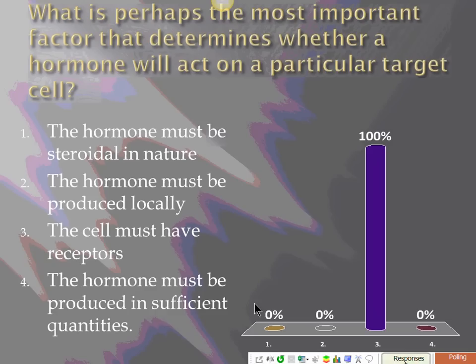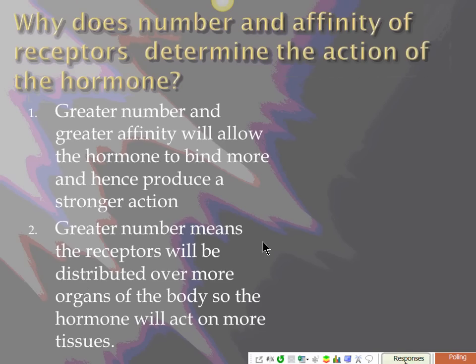The cell must have receptors. The hormone can be produced in insufficient quantities, but if there's no receptor, there's going to be no action. So if there is a receptor, the action will not be adequate, but it will still be there. So yes, the presence of the receptor is most important.